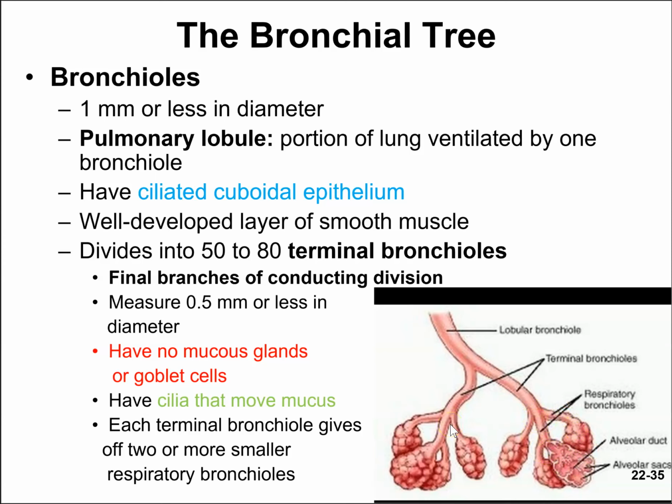So with each division, progressively you find less cartilage and more elastic and visceral smooth muscle that allows for elasticity and expansion when we breathe in air. So the deeper regions of the lungs have very little cartilage.